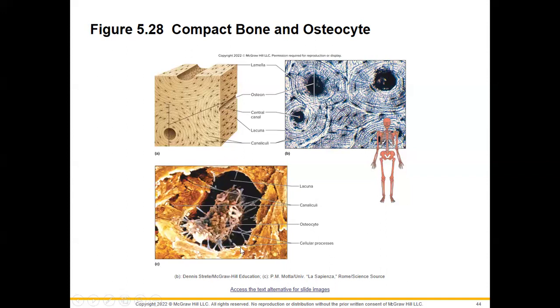On the surface of these cells, you can see the little projections. These little projections go all out into the surrounding matrix and connect with other cells. So you see these little black lines coming from the lacuna are going to be filled with these little processes, and that's going to help this cell connect with the adjacent cells.